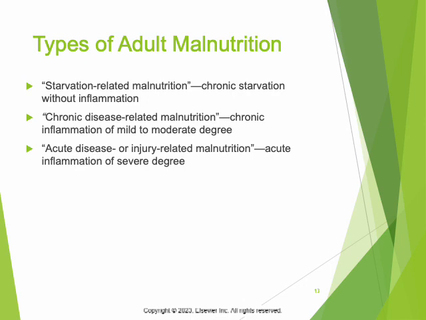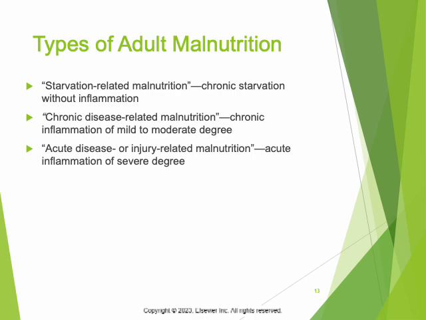There are three types of adult malnutrition classifications. The first one is called starvation-related malnutrition, and this is a chronic starvation, but is not related to inflammation. Then we have a chronic disease-related malnutrition, and this is associated with inflammation of mild to moderate degree, so chronic inflammation.